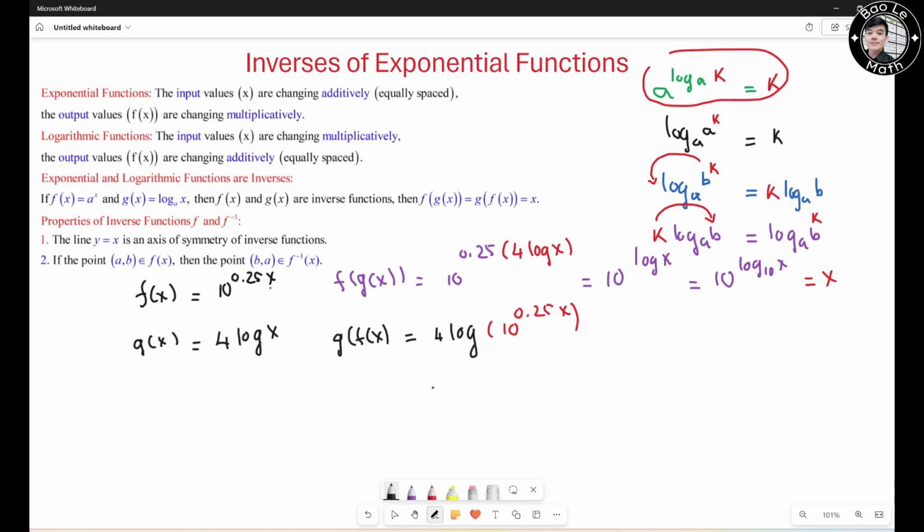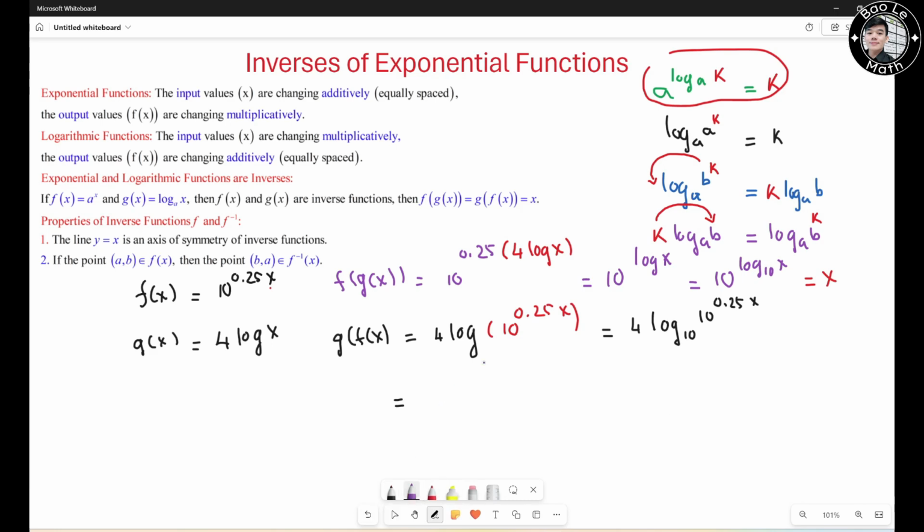Alright, so this turns out to be 4 log. There is no base, which means base 10, right? So I just write log base 10 of 10 to the 0.25s, right?